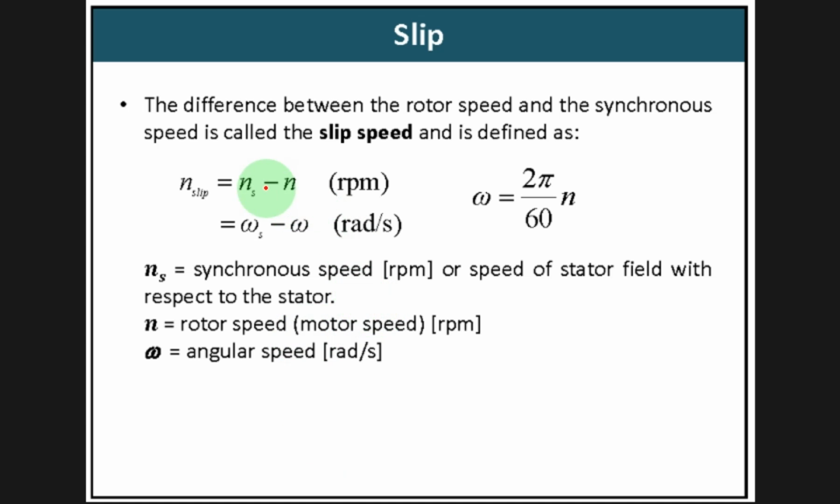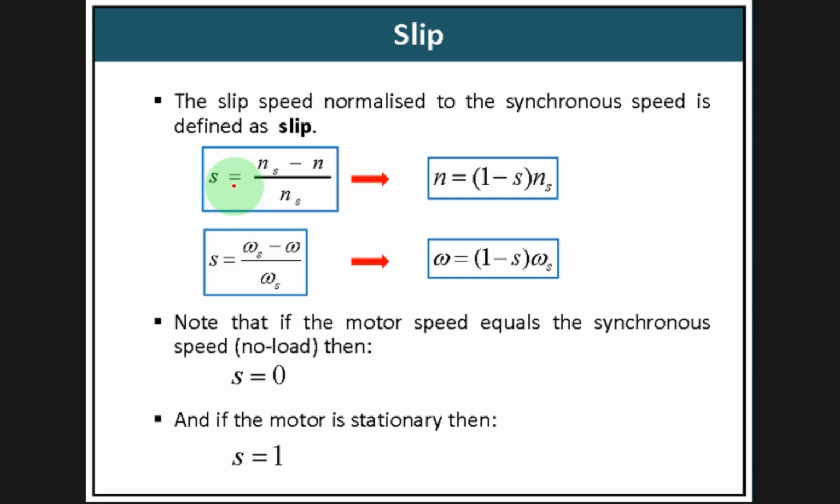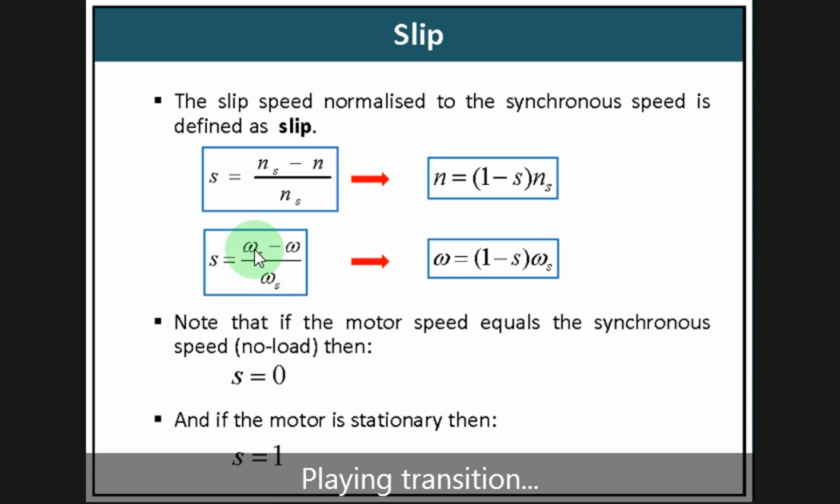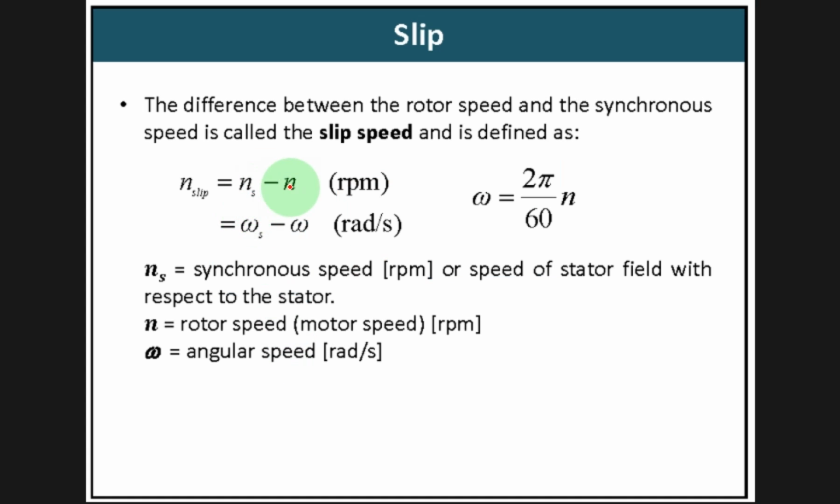Here for n, if you put 1 minus s into ns, then you get n slip equals s times ns.